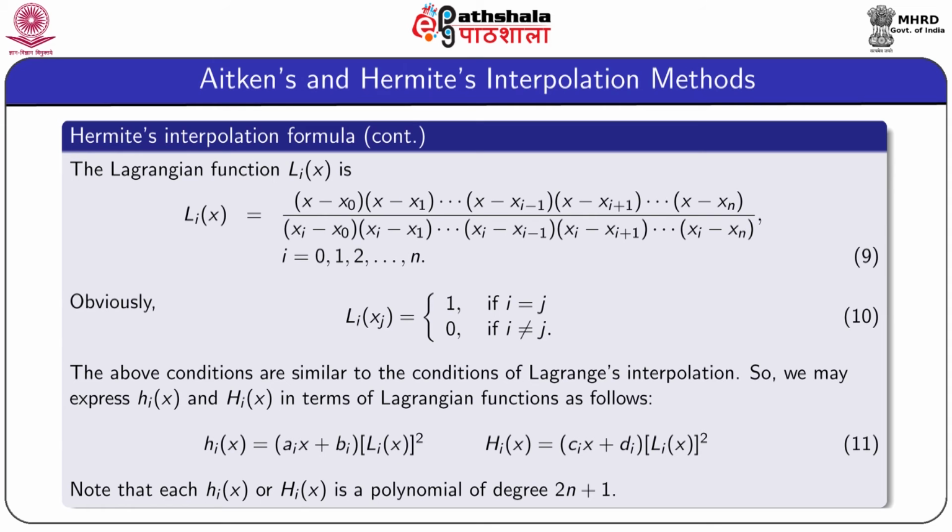Note that a_i x plus b_i is a linear polynomial and L_i(x) is a polynomial of degree n. So, L_i square is a polynomial of degree twice n. That means, small h_i(x) is a polynomial of degree 2n plus 1. Similarly, capital H_i is a polynomial of degree 2n plus 1.